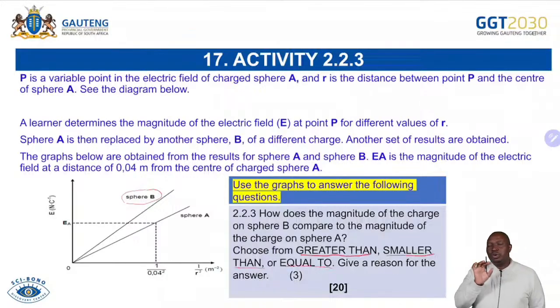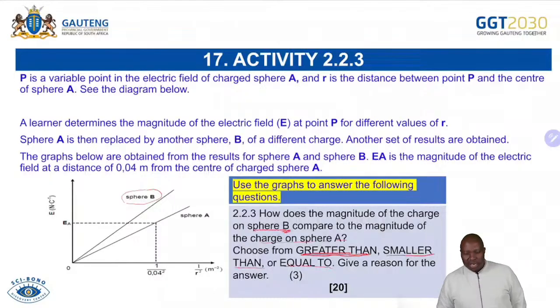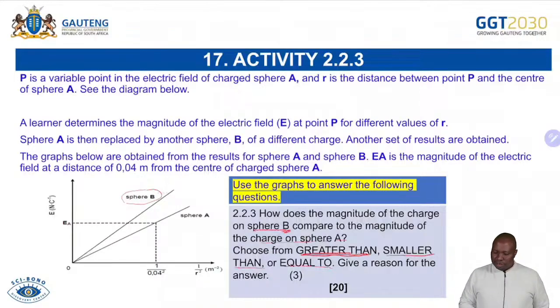What is important when you are responding to this type of question, learners, is that we started with B. You are comparing B with A. So if you say greater than, you are simply saying that the charge on sphere B is greater than the charge on sphere A. That's how you must look at it. That's what the word greater than means, which is correct.